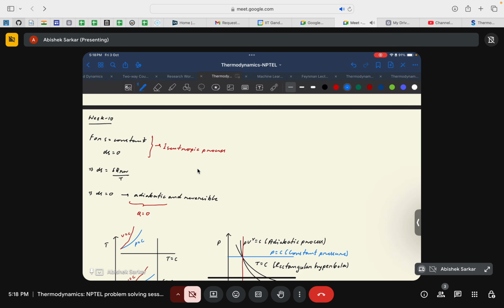So in the previous week, we formally defined what entropy was. That entropy is defined for a reversible process. It does not mean that it is not meaningful for irreversible processes.